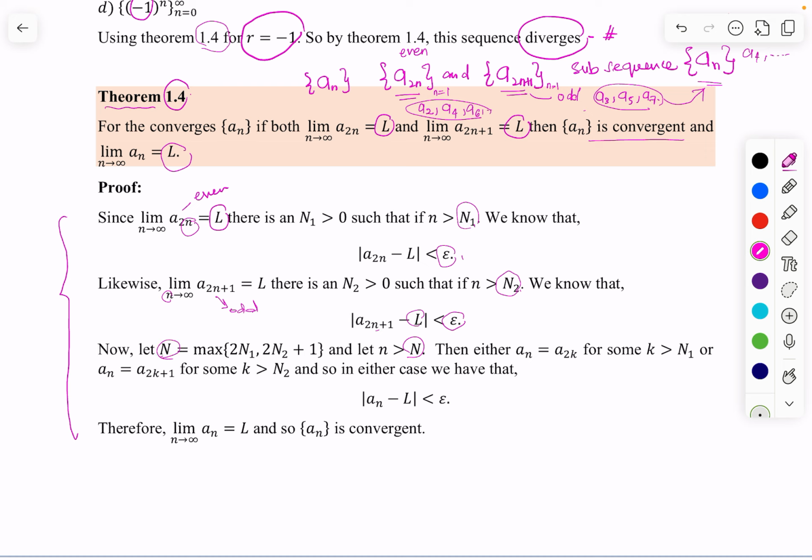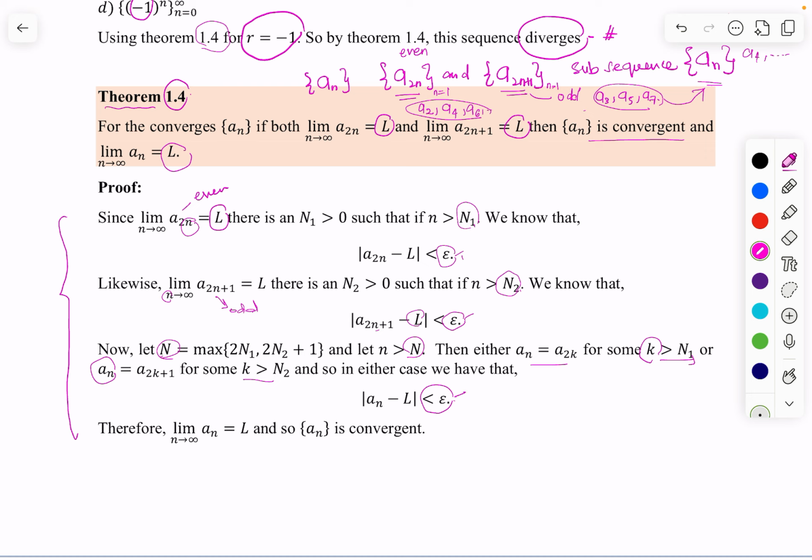Then either a_n equals a_{2k} for some k greater than N1, or the big sequence a_n equals a_{2k+1} for some k greater than N2. In either case, the distance between a_n and L is also less than epsilon. So the same thing applies.